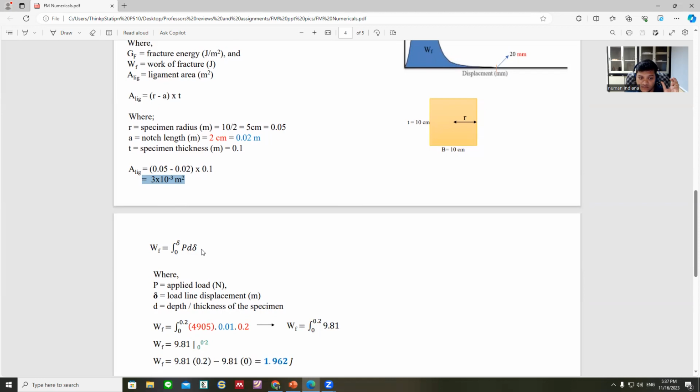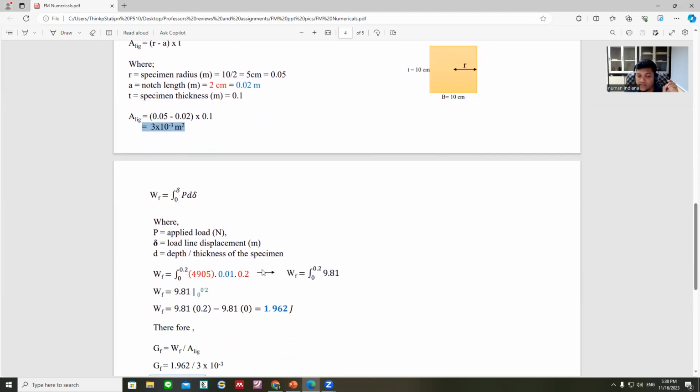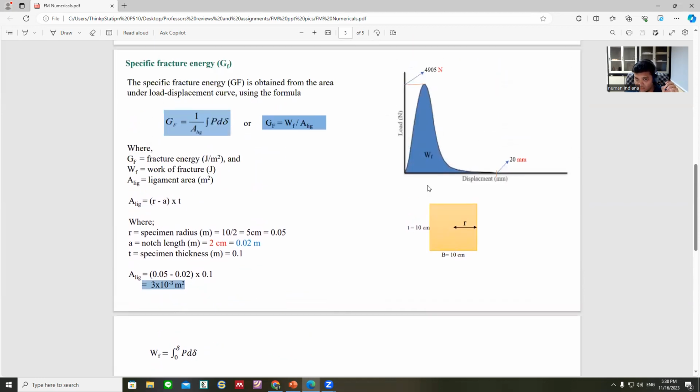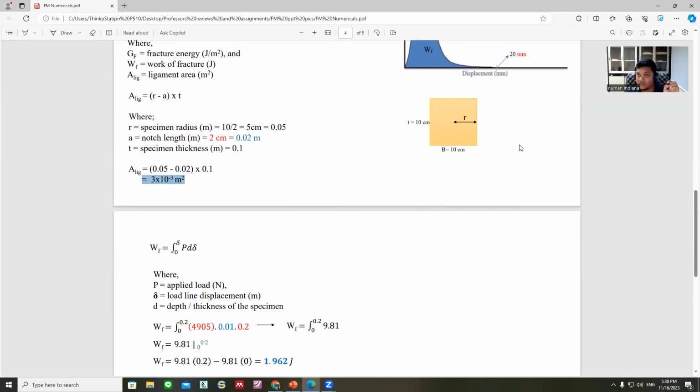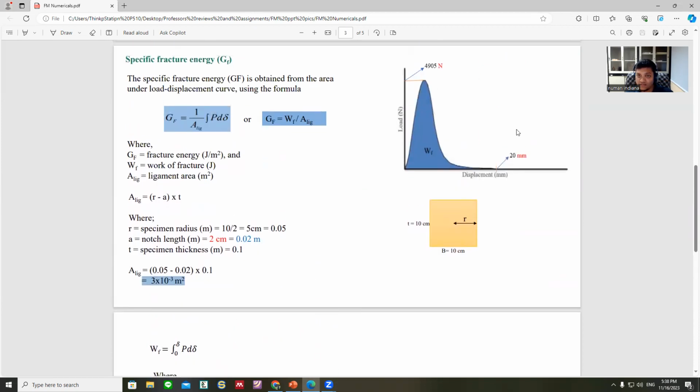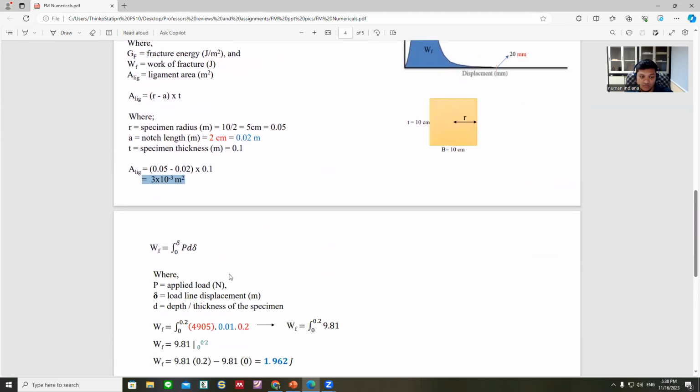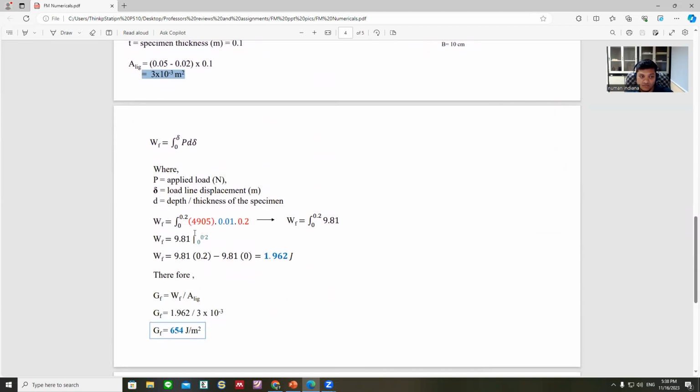Then the integration of P d delta. Delta is the load line displacement. It means from 0, it deformed and came to 20. So this 20 is the load line displacement, that is delta. So convert this 20 mm into meters.